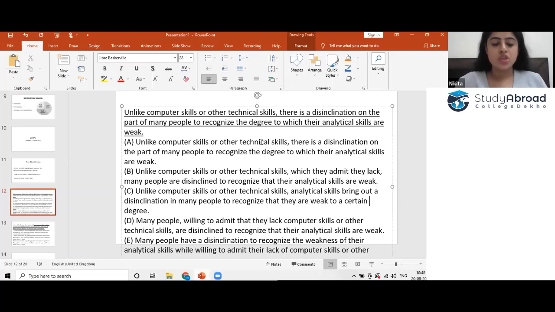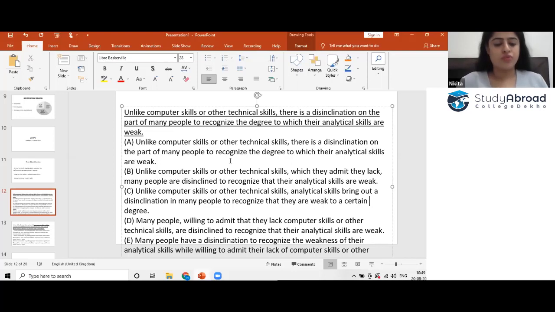Got the point? So with this logic, what options can you eliminate on this basis? You need to answer that for yourself. Okay, so I'm giving you the instructions and you're supposed to solve it for yourself, and we'll have a look at the other options as well.